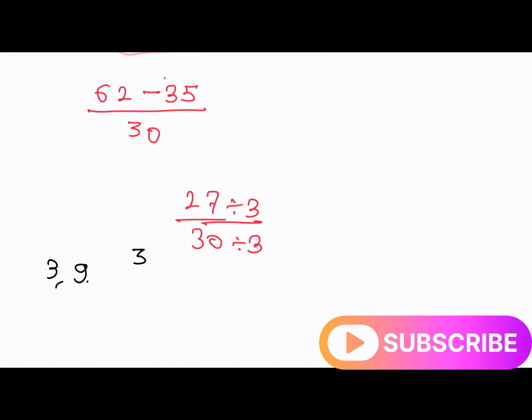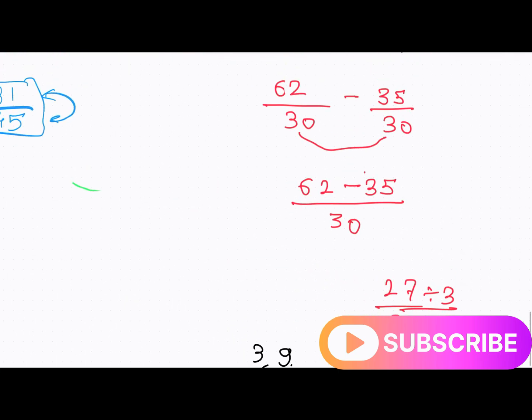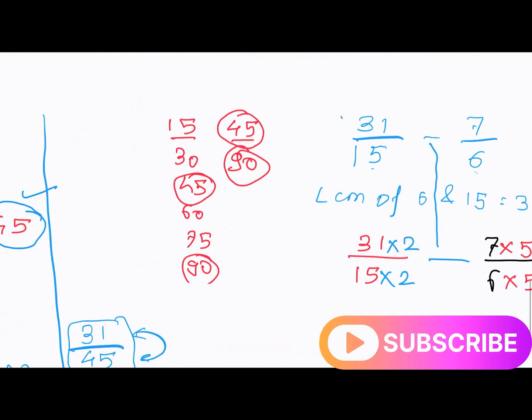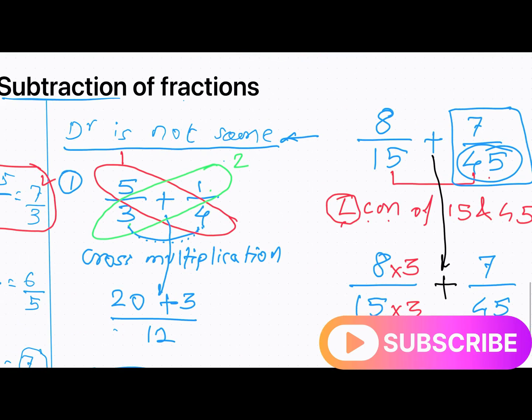So when I divide by 3, my answer is 3 9s are 27, and the denominator will become 3 10s are 30. So the answer will be 9 by 10. So I hope you have understood how we can solve different types of fractions, when the denominator is the same and when the denominator is not the same.